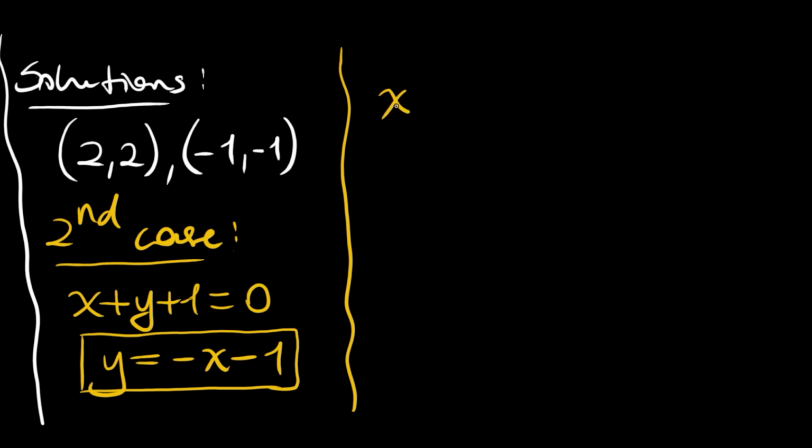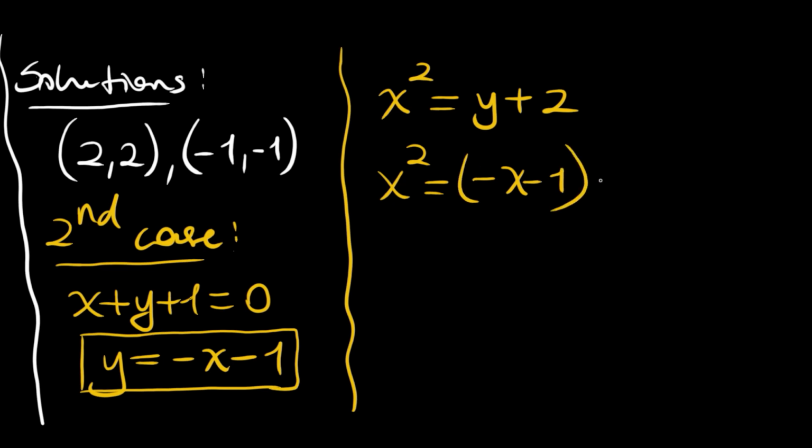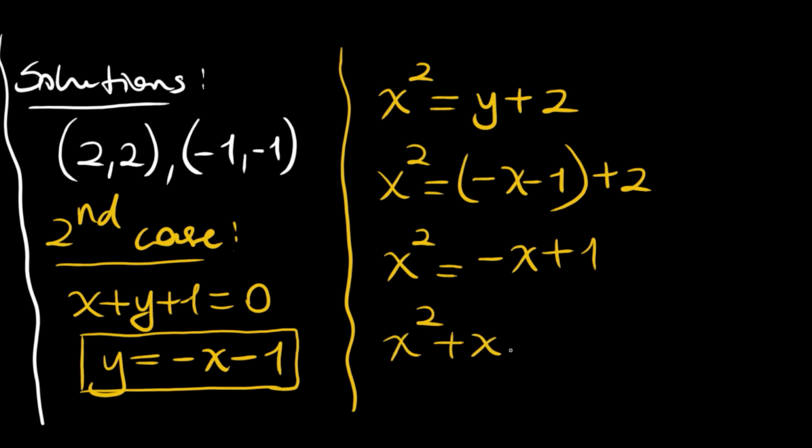We have our first equation, x squared is equal to y plus 2. We will have x squared is equal to negative x minus 1 plus 2, and this is also x squared equals minus x plus 1. So this gives x squared plus x minus 1 is equal to 0.